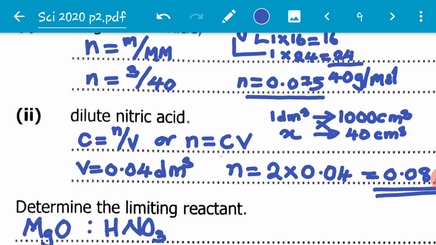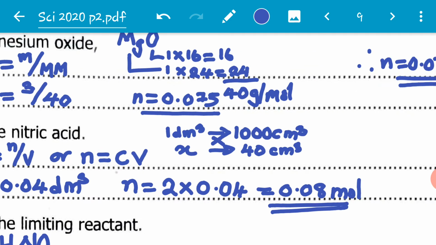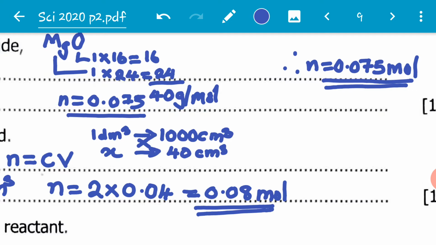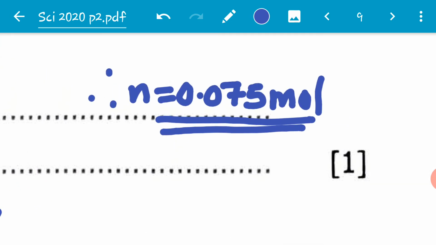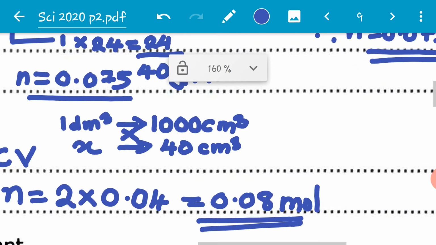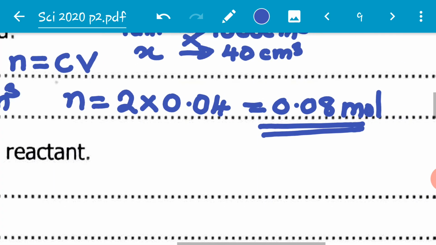For magnesium oxide, we have been given 0.07 moles, and for nitric acid, we have been given 0.08 moles.